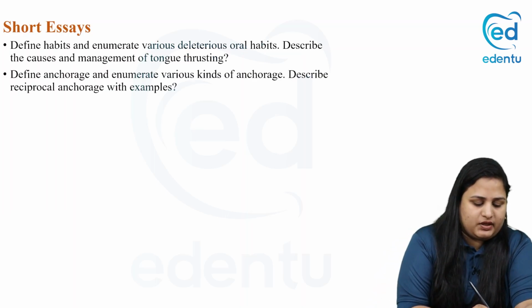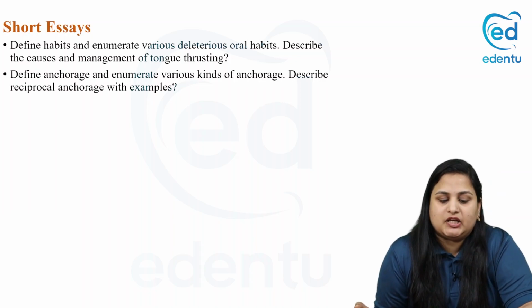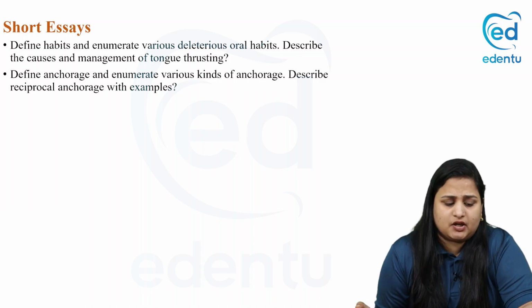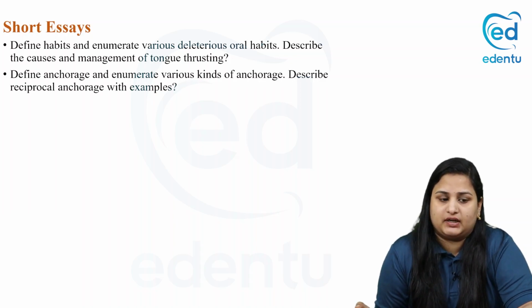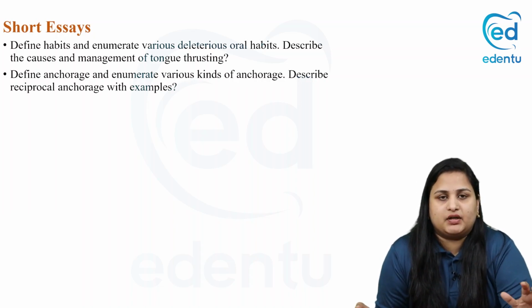Now, the next set of questions, for instance, is: define habits, enumerate various deleterious oral habits, describe the causes and management of tongue thrusting. So here you have a lot of questions which individually split into parts.